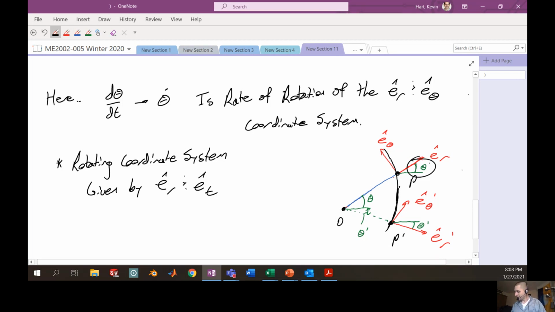So the change in angle that you get when you move from P to P prime of this coordinate system is the same change in angle that you get near the origin as you move from P to P prime.